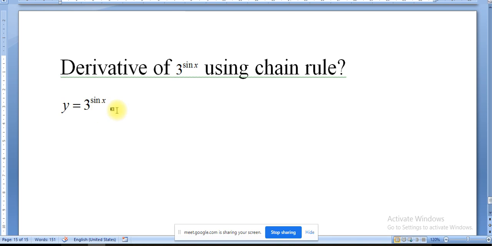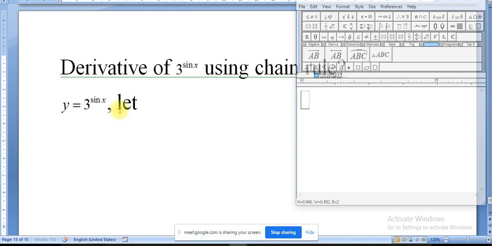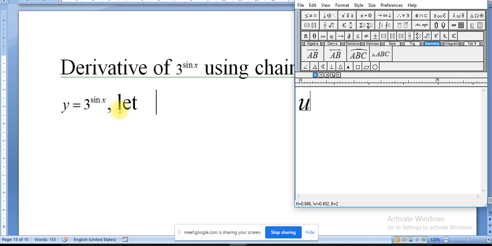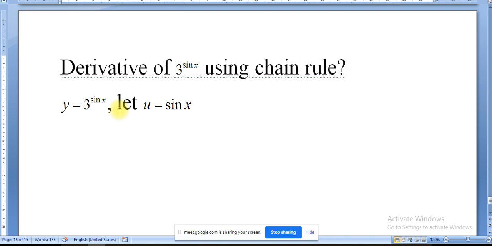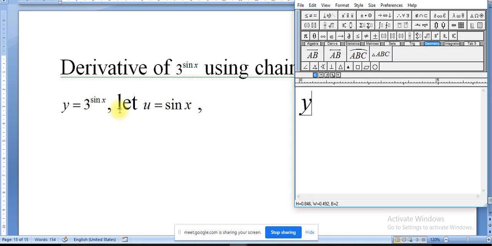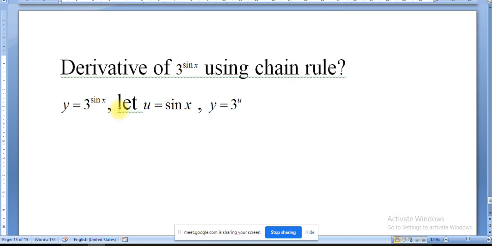So let the inner function u be equal to sin x. Then y will become 3 raised to u.